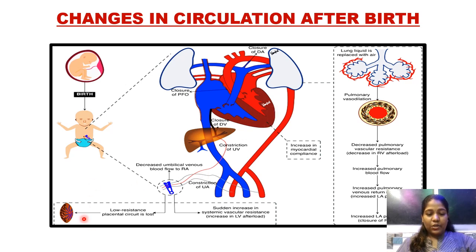And since the placenta is cut off, placental resistance goes off and systemic resistance increases. Because of increase in systemic resistance, the myocardial compliance will also increase. Also, the blood flow from the lungs enters the left ventricle. Left ventricle stretches to an extent so that contractility also gets influenced. So the proper circulation will get established as soon as after birth.